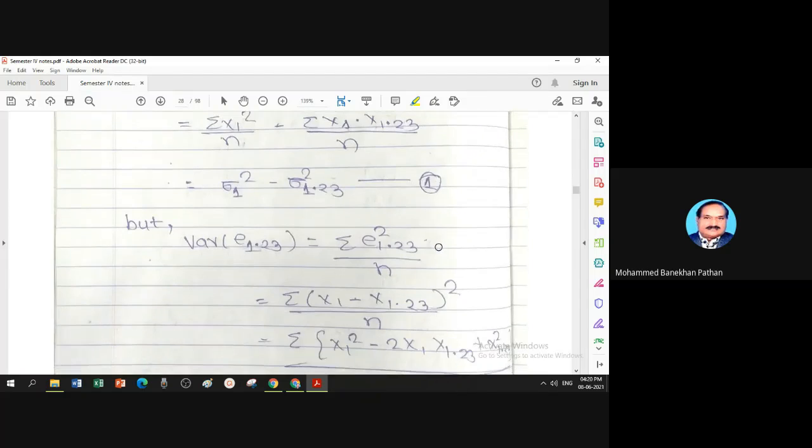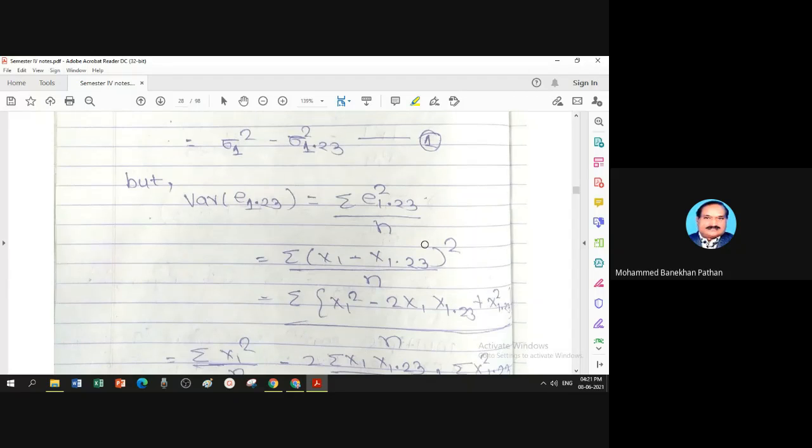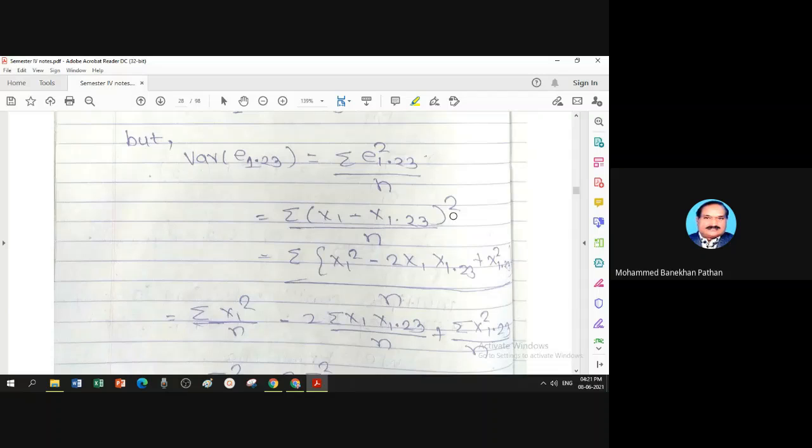Call it equation 1. But the variance of E1.23 is the sum of E square 1.23 upon n. Mean is 0, so the subtraction is not written. E1.23 is nothing but x1 minus x1.23 square, a minus b square.